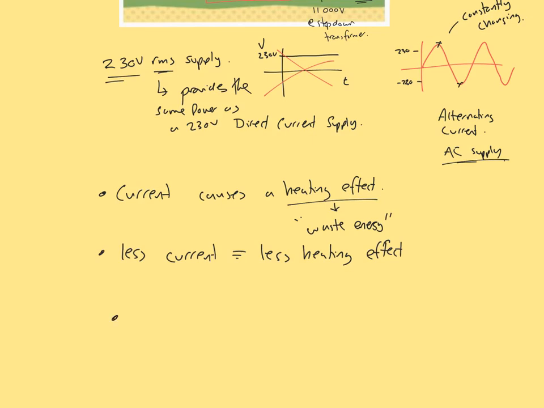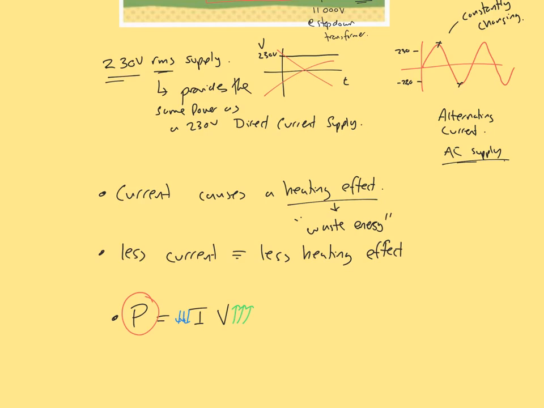However, from our equation, P equals IV, if you want to deliver the same amount of power, but you want to use a much, much smaller current, the only way to do that is to use a much, much higher voltage or potential difference.